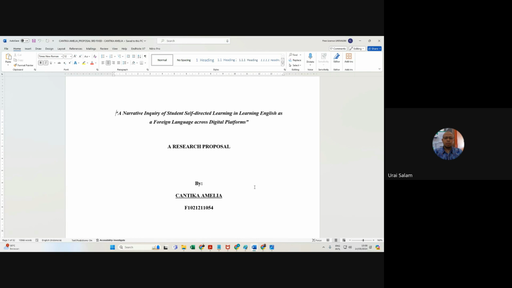I mean, because they are self-directed in their own learning. Okay. Now, I think it's important that you understand that. So then you can limit the scope of your research. This is self-directed learning, not whatever learning. This is not every single learning activity that the student does. You only focus on self-directed learning.